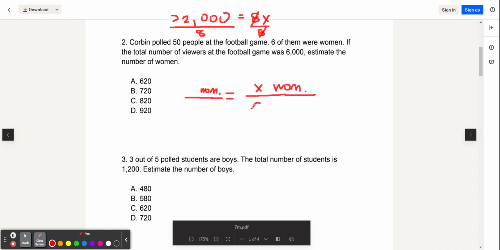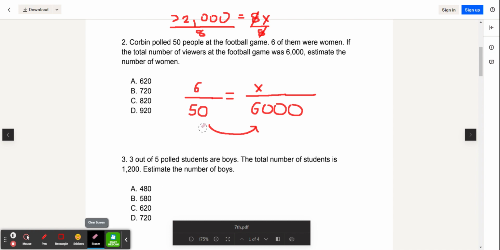Out of a total of 6,000 people, how many are women? Well, we know that he surveyed 50 people, so not all 6,000. That would take too much time. And out of the 50 people, 6 of them were women. Now let's scale it up or cross multiply. This time let's do cross multiplication.